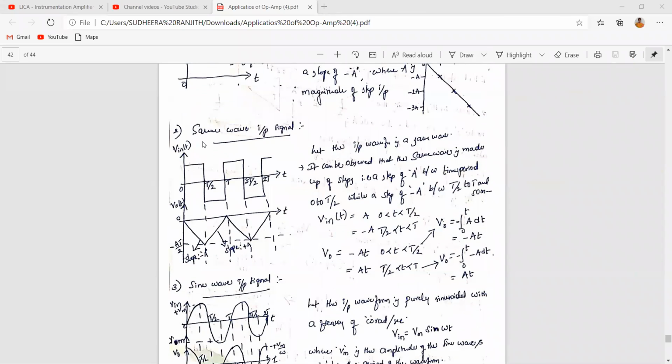Yes, sir. Then apply a square wave. This is the square wave. This one is plus A magnitude, and this one is minus A magnitude.